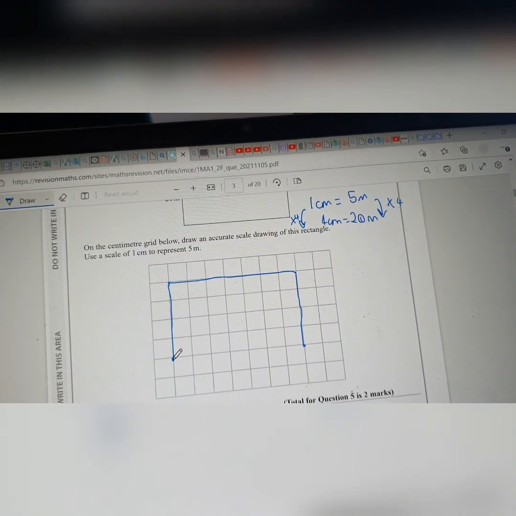So my rectangle will end up here. You would use a ruler to complete this drawing on your exam paper. So I'm just going to label it as well: 4 centimeters, 7 centimeters.